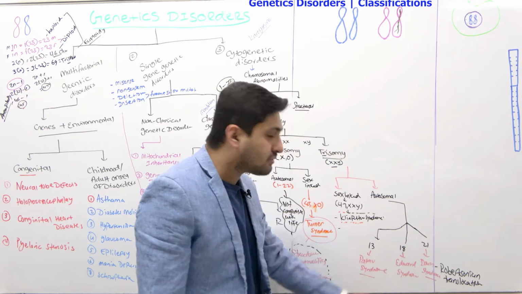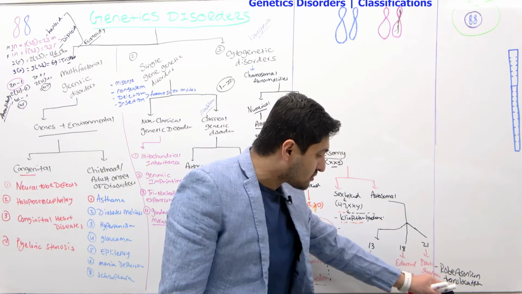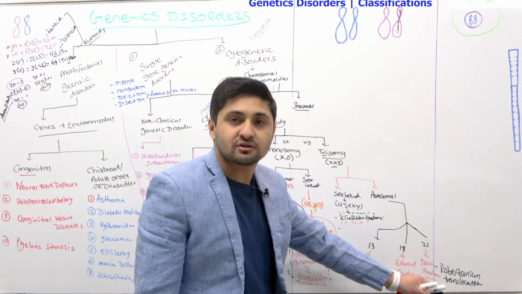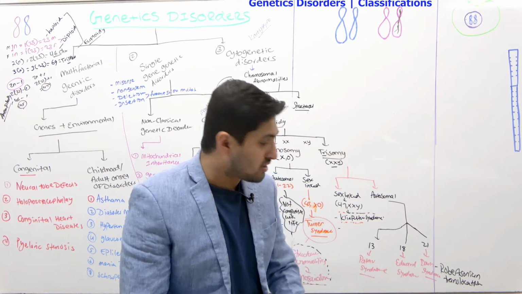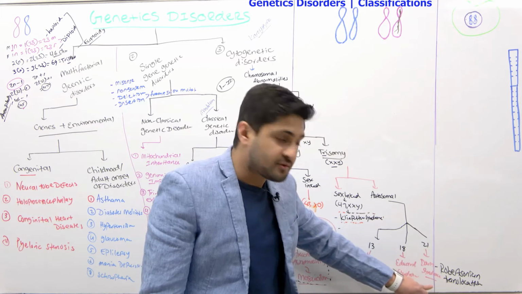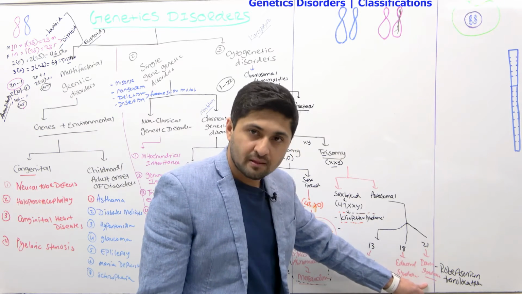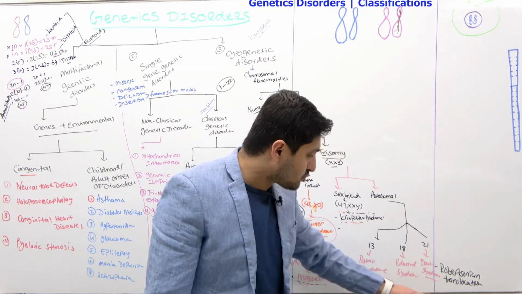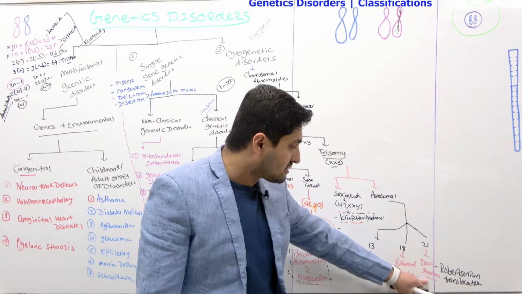If they ask you about numerical, remember that with Robertsonian translocation there is no extra chromosome, but an unbalanced translocation can result in Down syndrome. This is a structural abnormality. So structural abnormalities can also give Down syndrome. Please remember this. But most of the time it is a numerical disorder that gives Down syndrome.